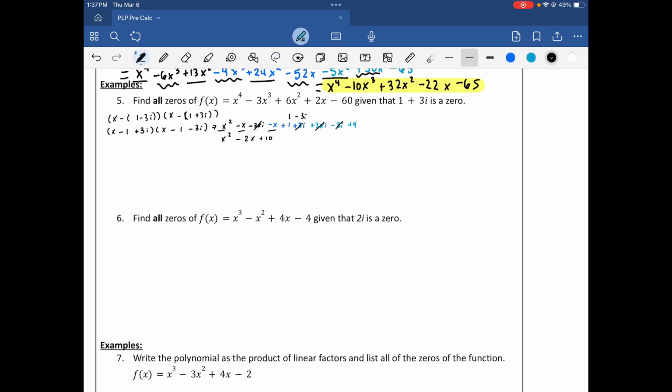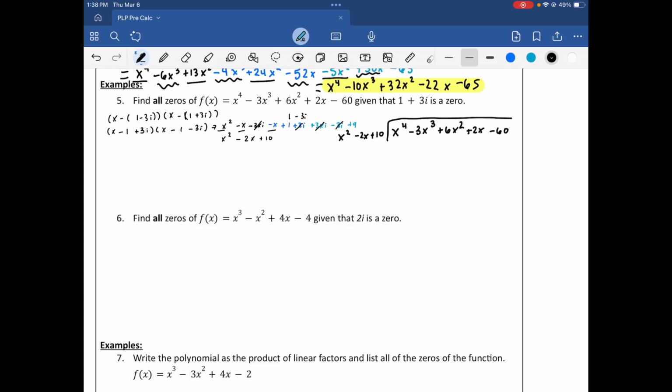If we have the function x to the fourth minus 3x cubed plus 6x squared plus 2x minus 60, and we are dividing that by x squared minus 2x plus 10, we're going to find that leftover function.